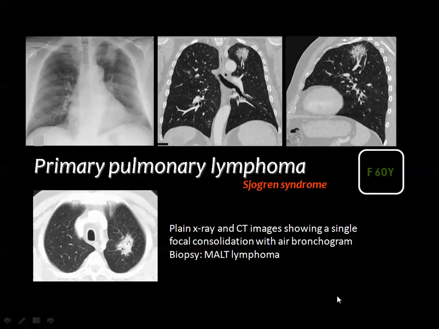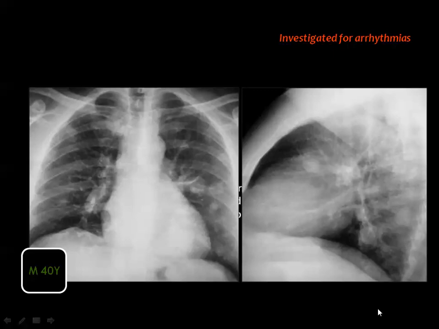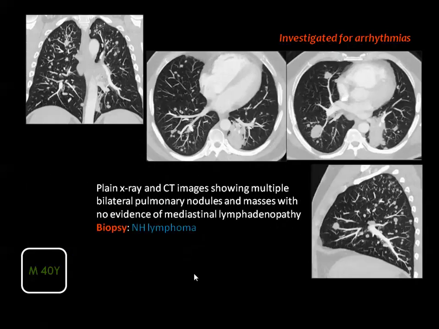This patient is investigated for arrhythmias, and the chest X-ray showed multiple pulmonary nodules suggestive of metastatic deposits, and the CT scan showed miliary nodular opacities scattered throughout both lung fields together with some larger nodules and what looks like an area of pulmonary consolidation. And the diagnosis of non-Hodgkin lymphoma was obtained after biopsy.